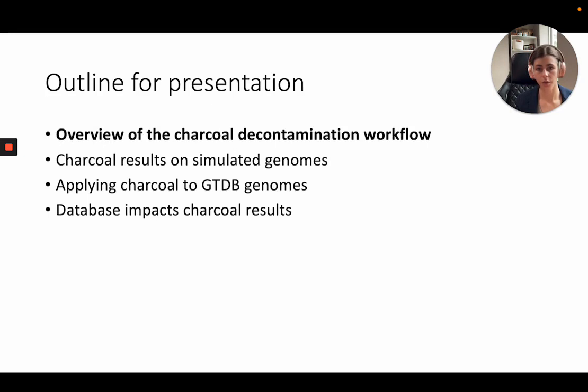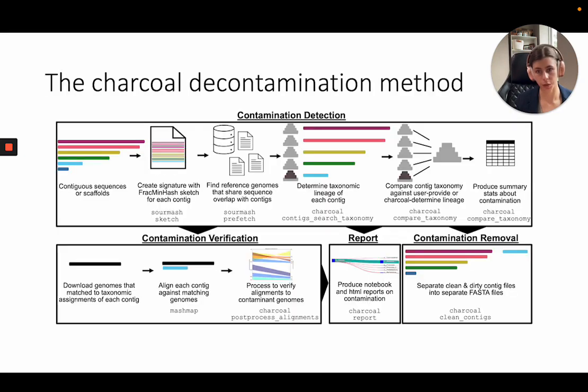So starting off with the Charcoal decontamination workflow. What Charcoal does is it creates a FracMinHash sketch, so a min hash sketch, for each of the contiguous sequences or scaffolds that are in your genome. It then compares that sketch against a database and returns all of the genomes that contain K-mers that are in those contiguous sequences.